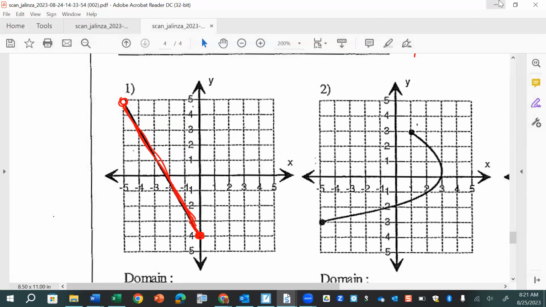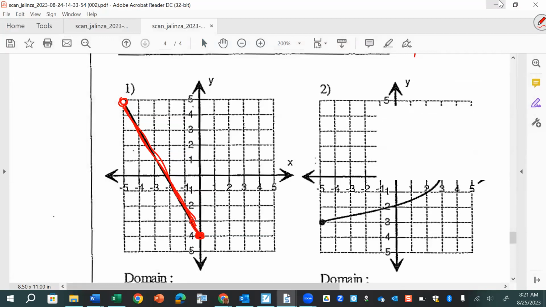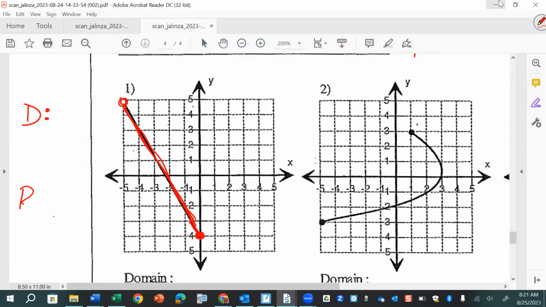That's Y. Okay, so what is the domain? Everything from -5 to 0. Okay. We'll talk about brackets and parentheses in a minute. But let's do the range.